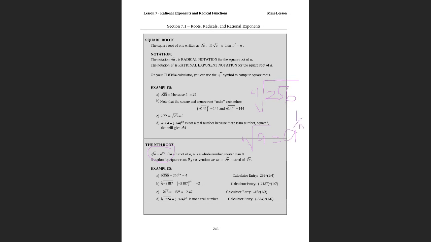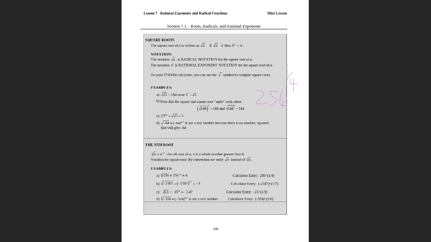So the fourth root of 256 is going to be 256 to the power 1/4, like that. Again, when you have this, you always have to apply this kind of formula for you to understand how to work with these.